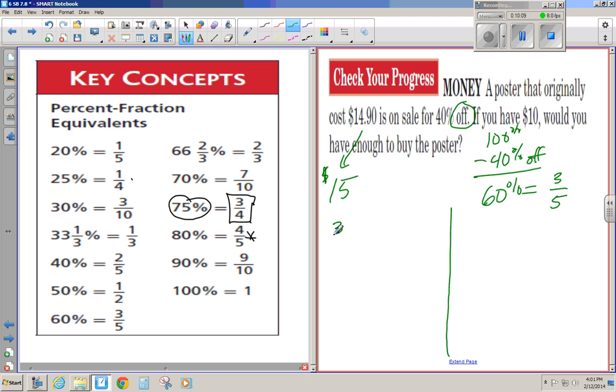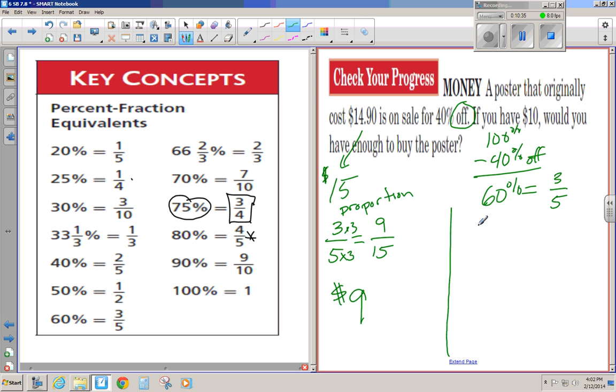And so you take 3/5, make it equal, this is proportion, 3/5 over something over 15. Well, we have to multiply by 3, 9/15. So it would be approximately $9.